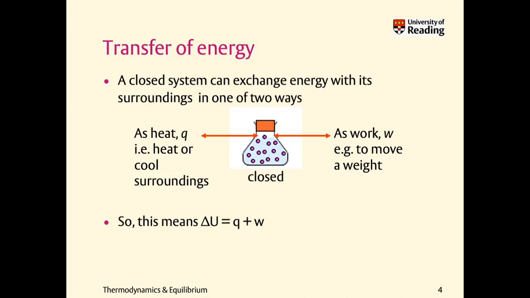So the change in total internal energy will be as a result of the movement of heat or the movement due to work. Although this looks like a different equation to the one that we were talking about in the last lecture, where I was focusing on kinetic and potential energy, remember that every type of energy that we talk about can be talked about in terms of kinetic and potential energy, and both heat and work can be as well.